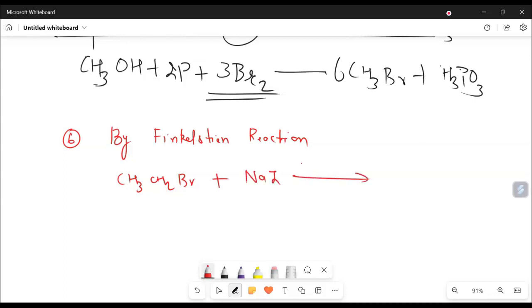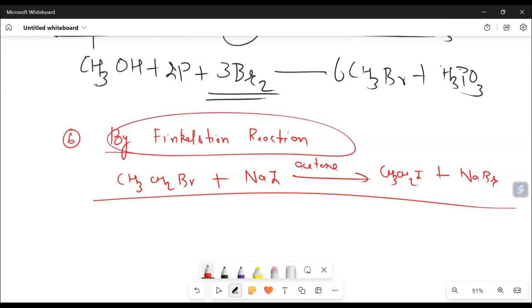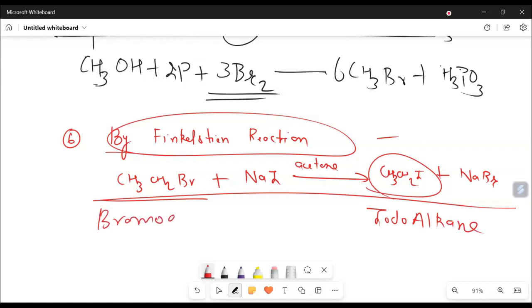In the presence of acetone, it will give CH3CH2I plus NaBr. This is called the Finkelstein reaction. It is a name reaction, very important, must remember. It is used to make iodoalkane from bromoalkane. So this reaction goes like that.